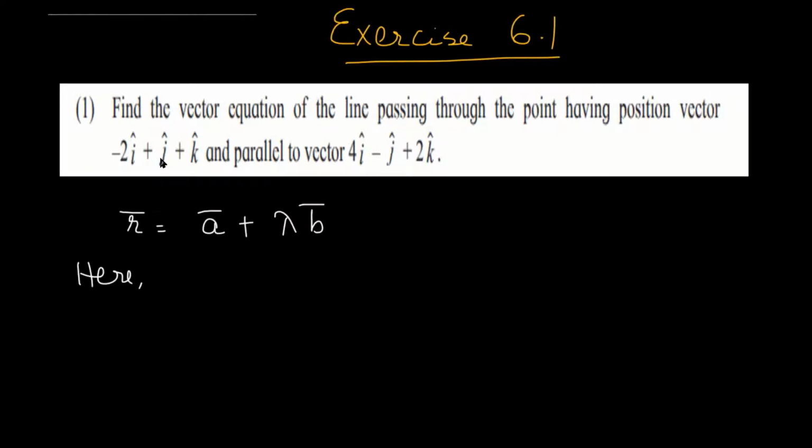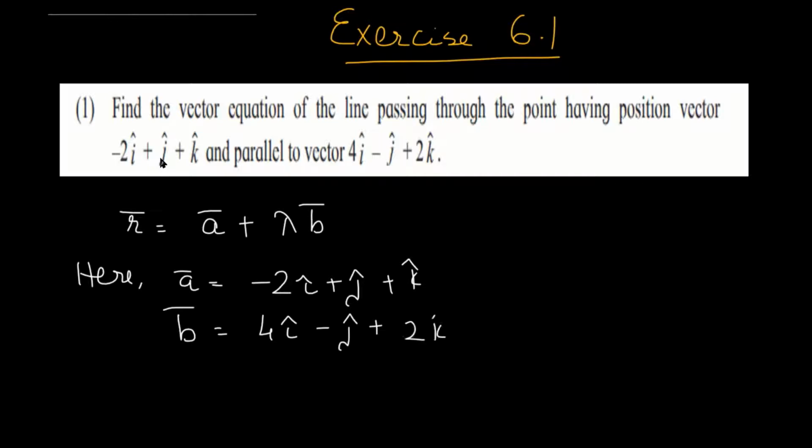Now here the position vector of the point through which the line passes, that is here A bar, is equal to the first vector minus 2i plus j plus k. And the parallel vector which we need is B bar, and that is given as 4i minus j plus 2k.